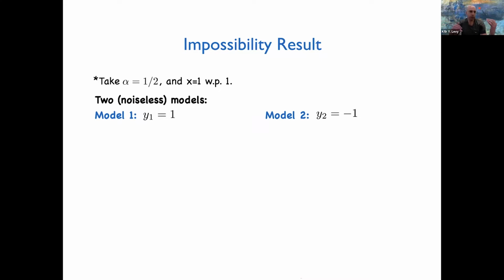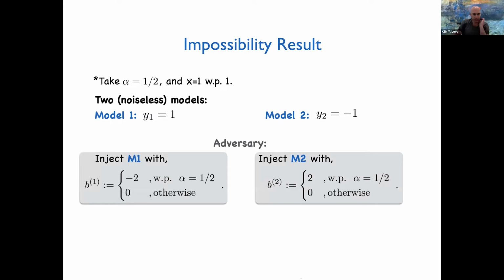Of course, these models are distinguishable from each other. It's easy to distinguish between them. But now what the adversary will be doing, he will inject noise or perturbation to these models such that after the perturbation, it will be impossible to discriminate between them. The adversary is doing a very simple thing. To model number 1, he injects an additive perturbation of -2 with probability half.